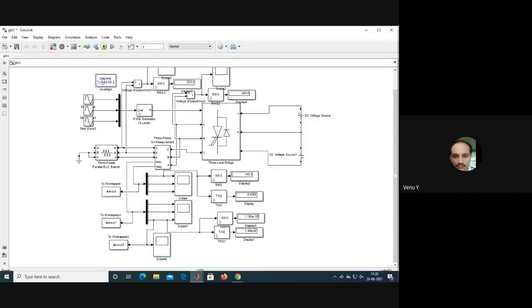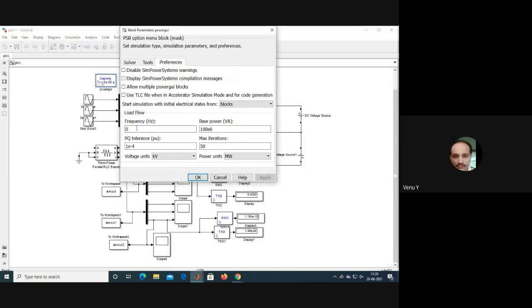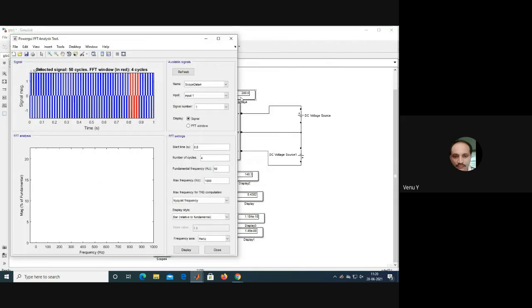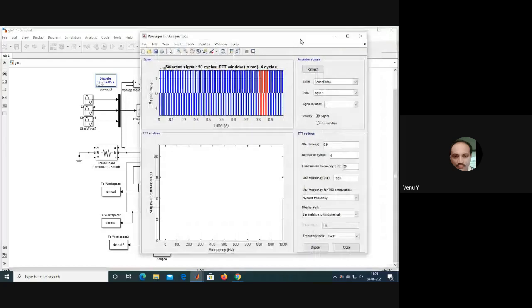Now Simout 2. 50 Hz, apply, and FFT analysis. Simout 2.